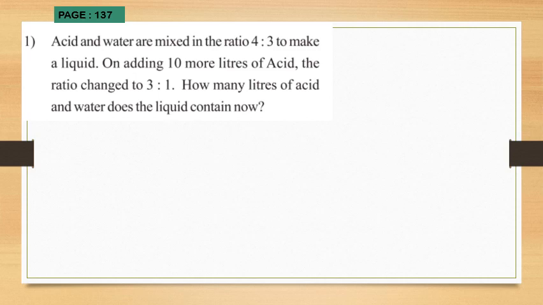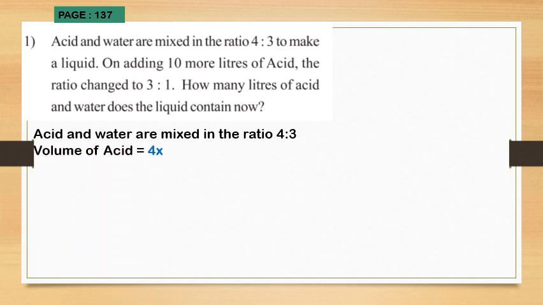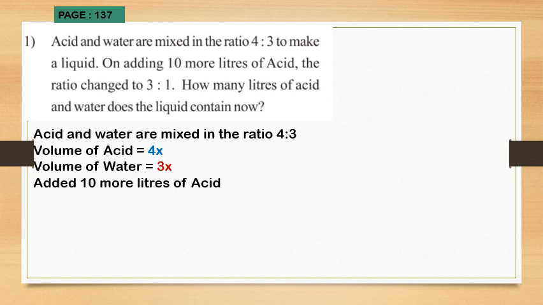Children, from the question let us write acid and water are mixed in the ratio 4 is to 3. So let us take volume of acid equal to 4x and volume of water equal to 3x. Then what happened? Yes, adding 10 more liters of acid.